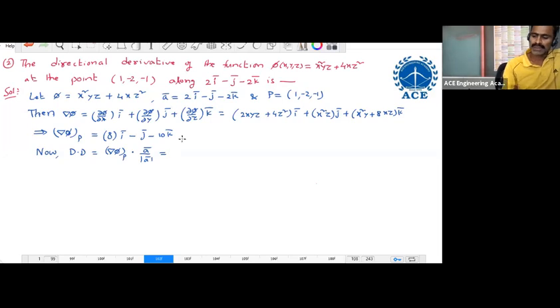Simplify this: 8 i bar minus j bar minus 10 k bar dot a bar, which is 2 i bar minus j bar minus 2 k bar, divided by under root 2 square plus (-1) square plus (-2) square.